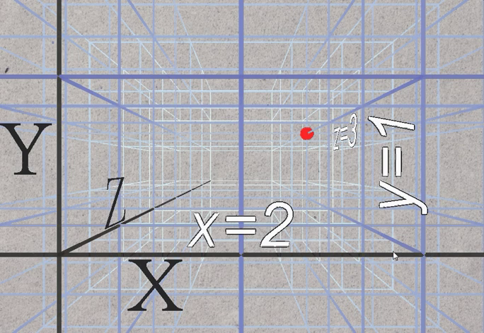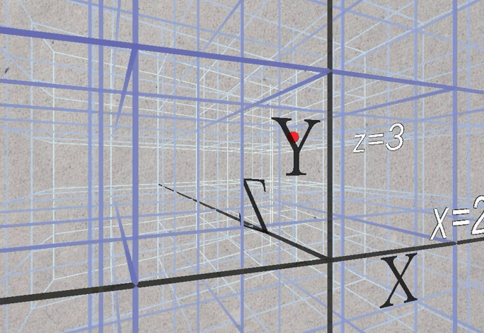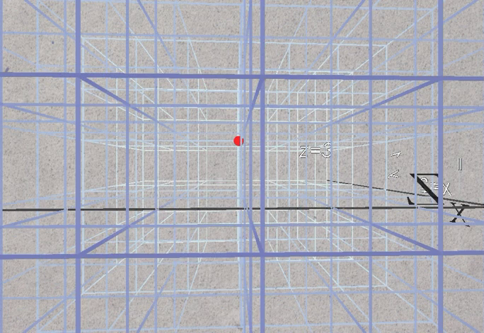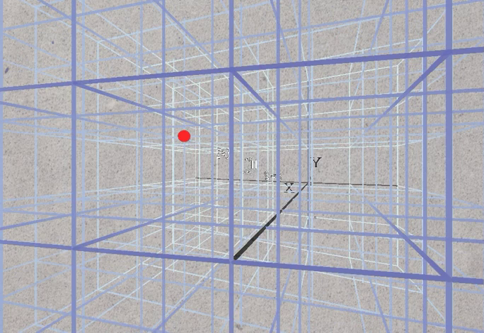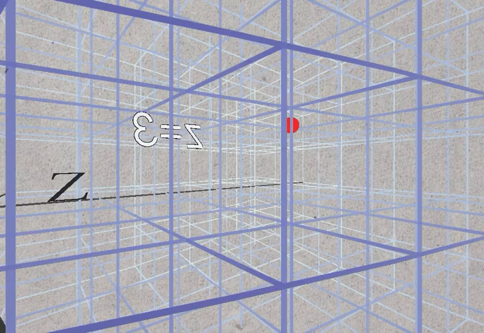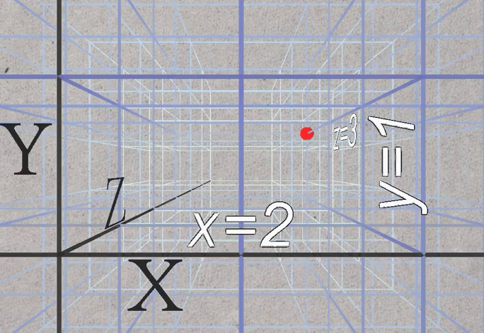There we go, we can see it. So 1, 2 in x, 1 in y, and 1, 2, 3 in z, or depth. So we can rotate around this. And we can see the point itself. We can see it from all sides.